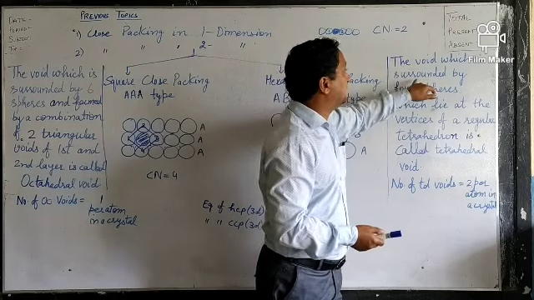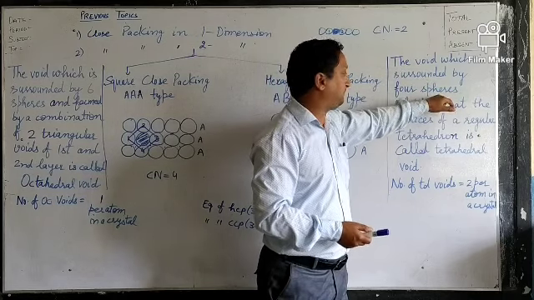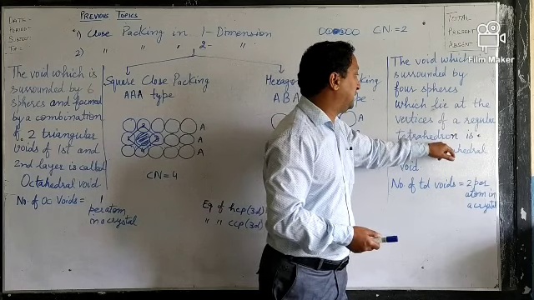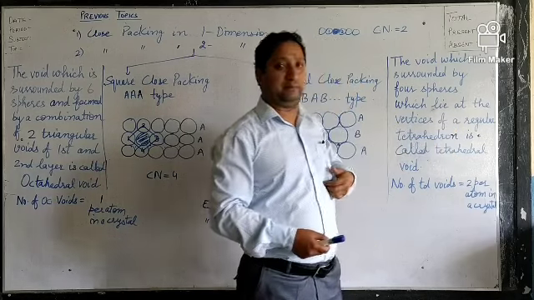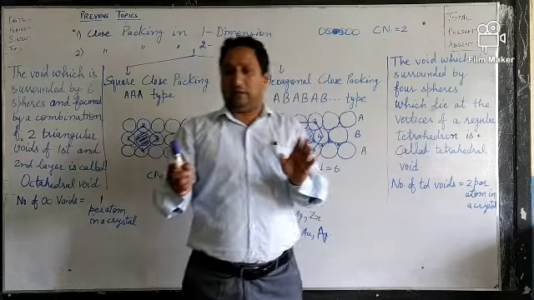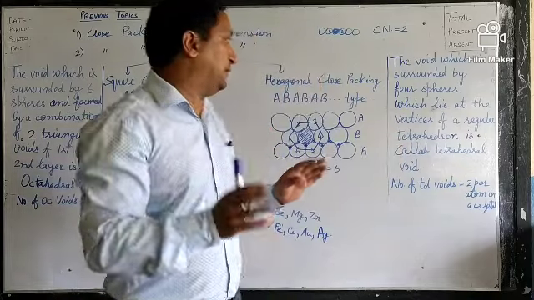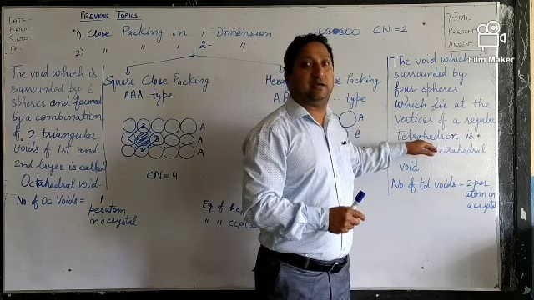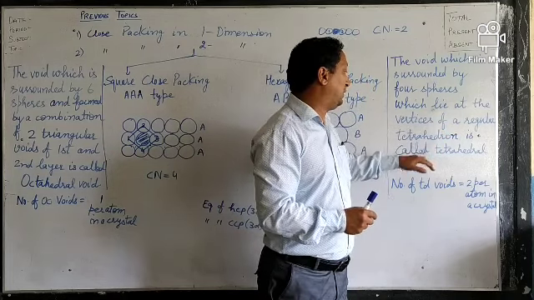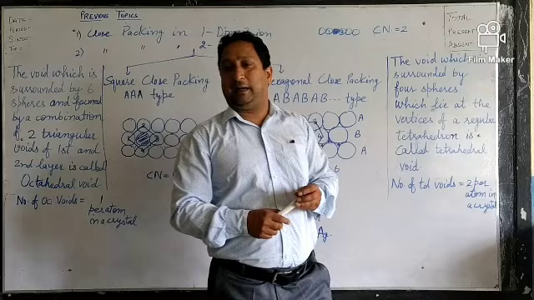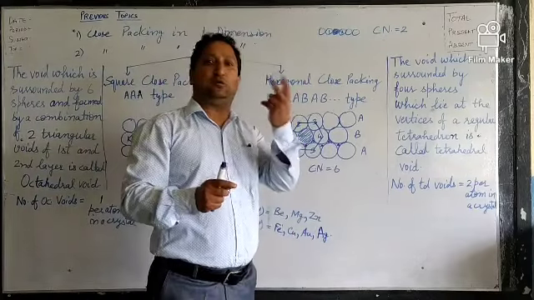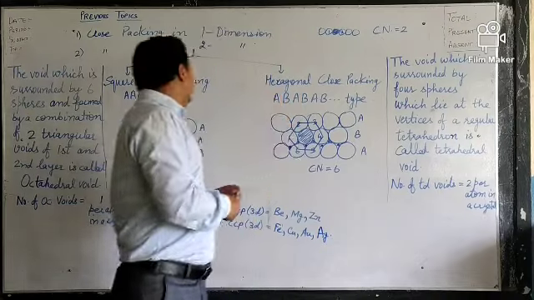The void which is surrounded by 4 spheres which lie at the vertices of a regular tetrahedron is called a tetrahedral void. First, it is surrounded by 4 spheres, and then they lie at the vertices of a regular tetrahedron. Last time we studied that for each atom there are 2 tetrahedral voids.